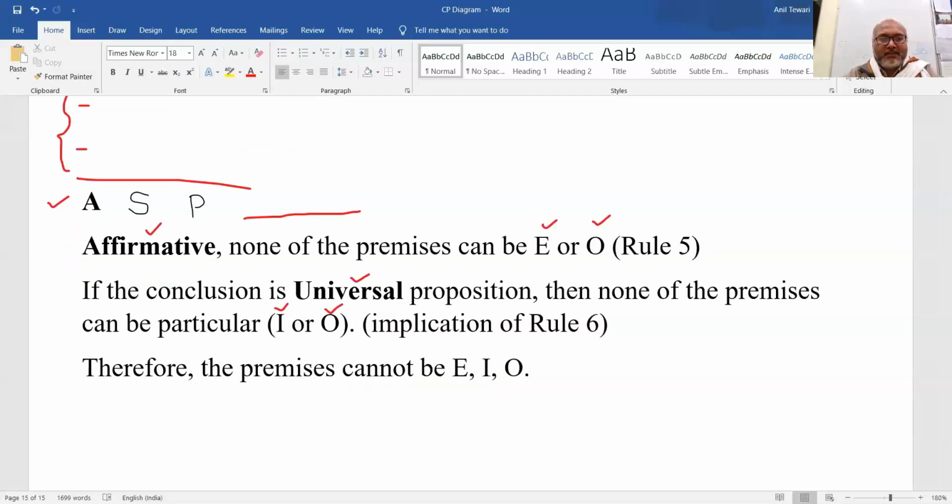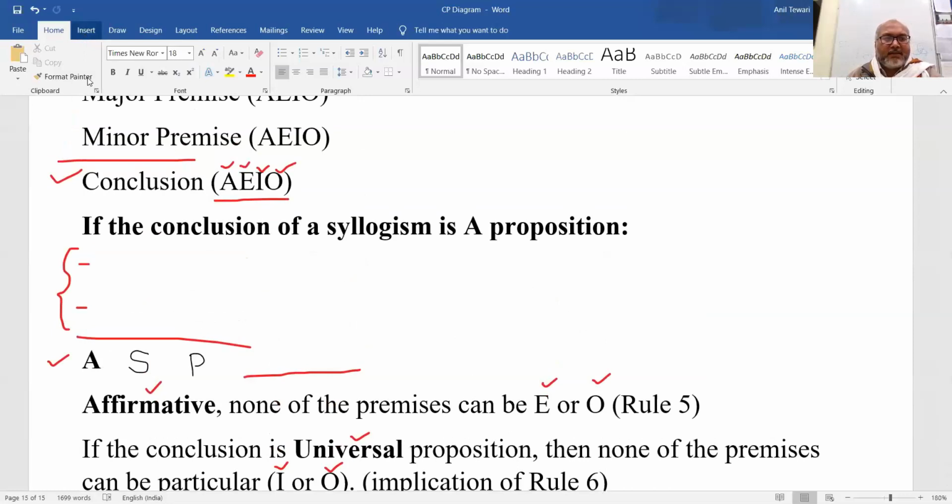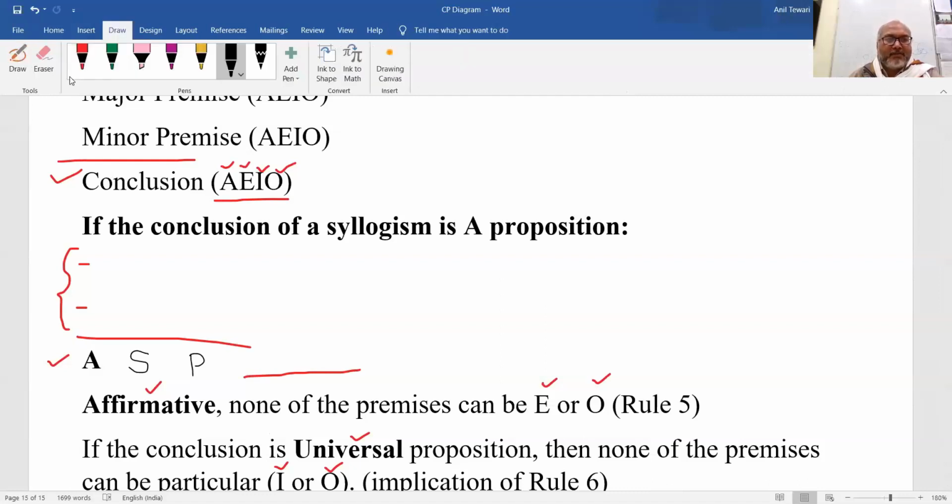Only one, A. That means you can have only A as your premise if the conclusion is A. There is no other possibility. Okay. So what this means, your major premise is A and minor premise is also A. So this you have decided.